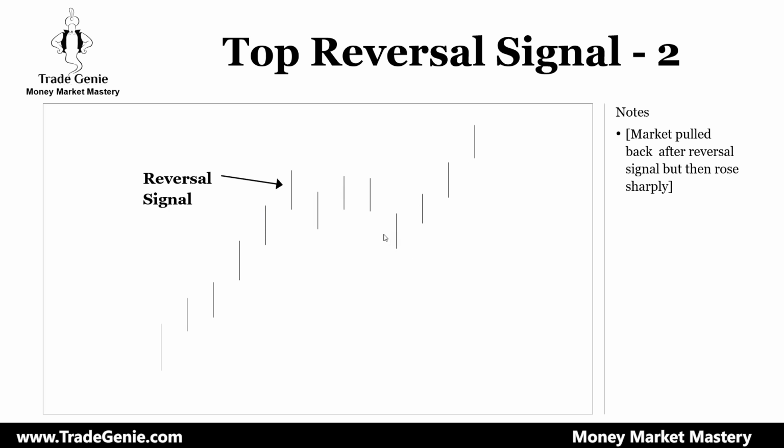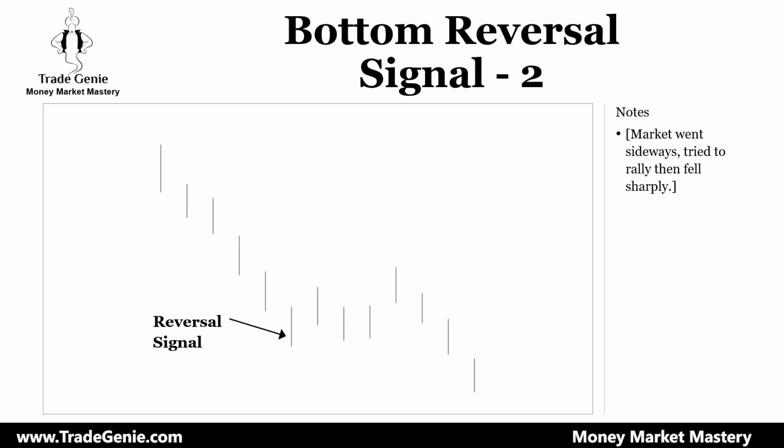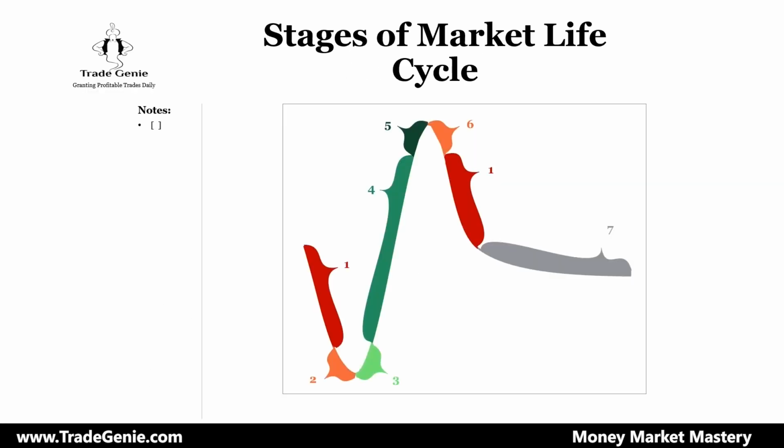If you look at the daily chart of IBM, you would spot this kind of move happening. So the reversal signal came, but this was not followed by stage 1. I think IBM is creating a stage 4 here.